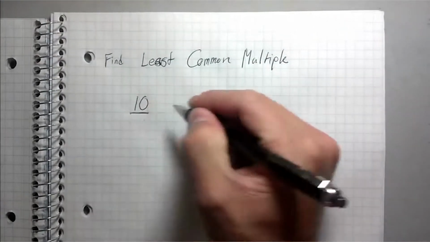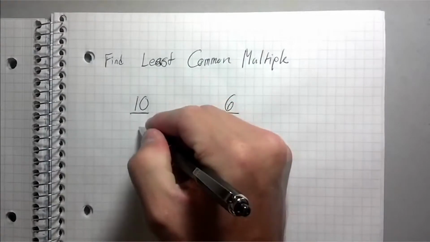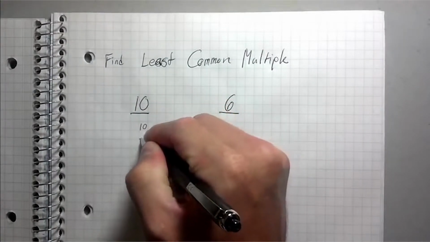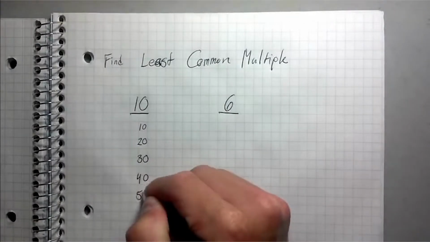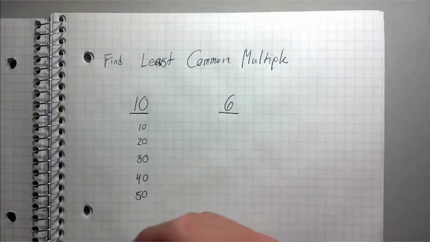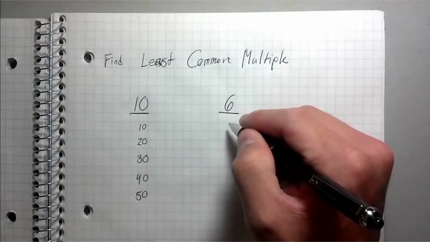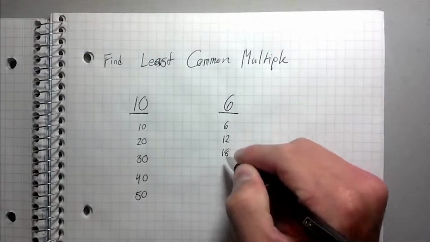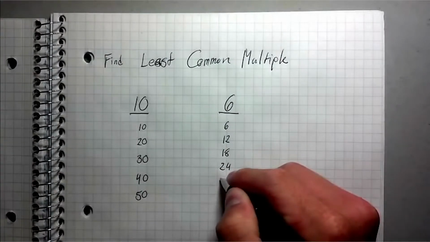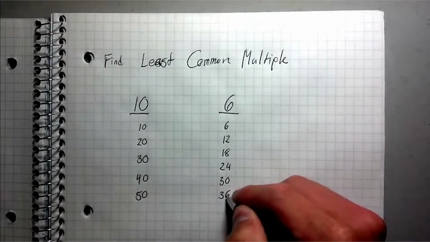So I'm going to draw a line here. Here's 10, 20, 30, 40, 50, etc. Okay, let's list the multiples of 6. 6, 12, 18, 24, 30, 36.